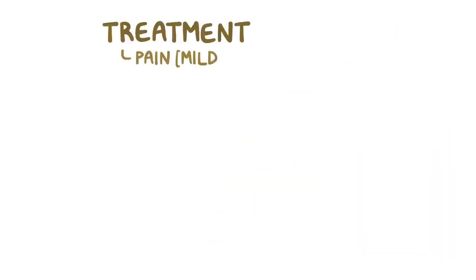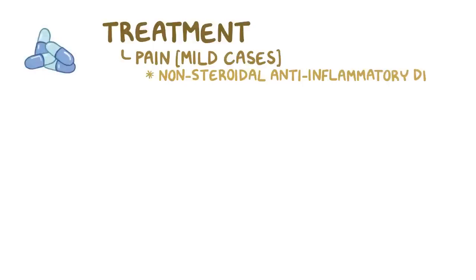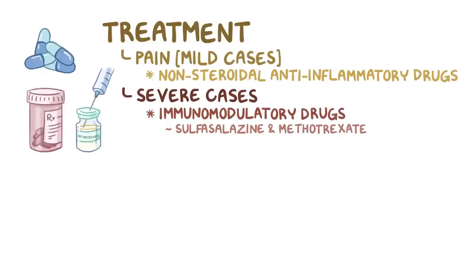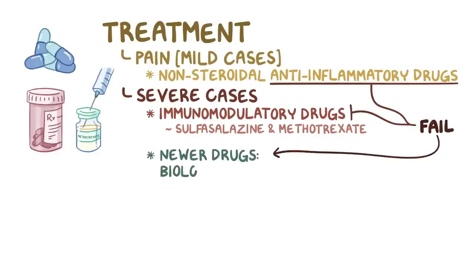Treatment of pain in mild cases of psoriatic arthritis includes non-steroidal anti-inflammatory drugs. In more severe cases, immunomodulatory drugs like sulfasalazine and methotrexate can be helpful. If NSAIDs or disease-modifying anti-rheumatic drugs fail, newer drugs called biological response modifiers can be used.